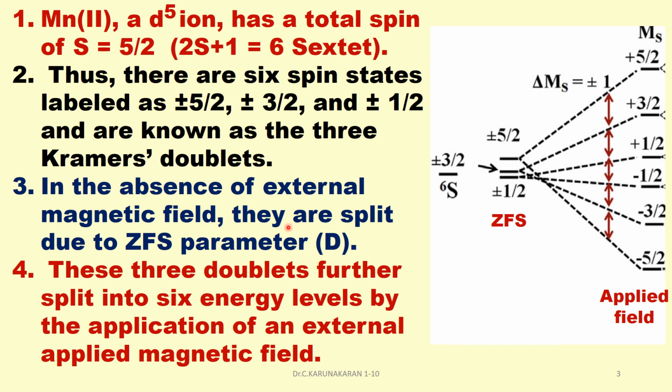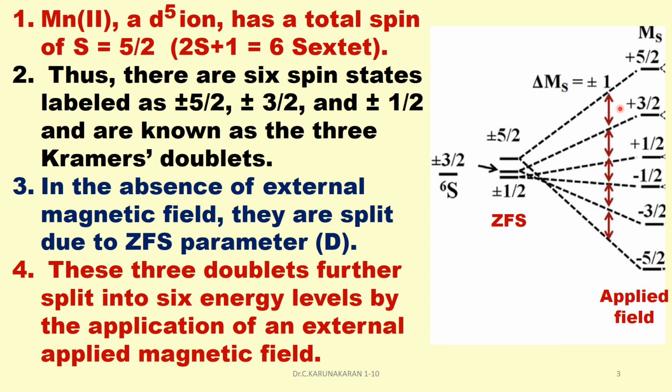These 3 doublet states are due to zero field splitting. Next, these 3 doublets further split into 6 spin states in the presence of an applied magnetic field.